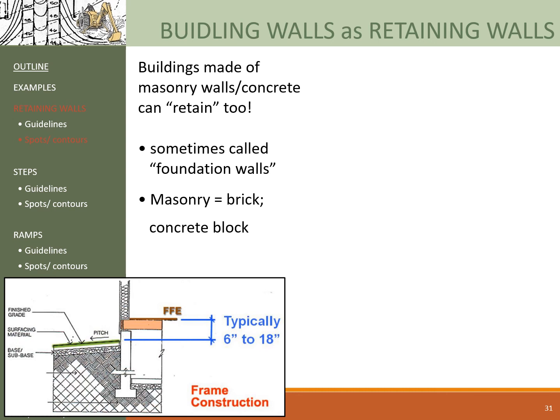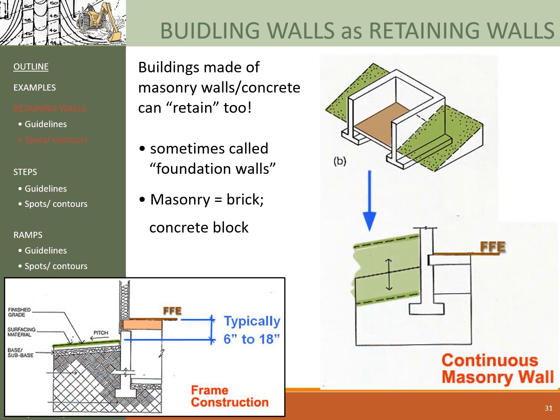So those building walls are able to retain soil on their own, which means that the exterior elevation here can be higher than the building FFE as shown on both of these drawings here. Exterior higher than FFE, exterior higher than FFE. Okay?